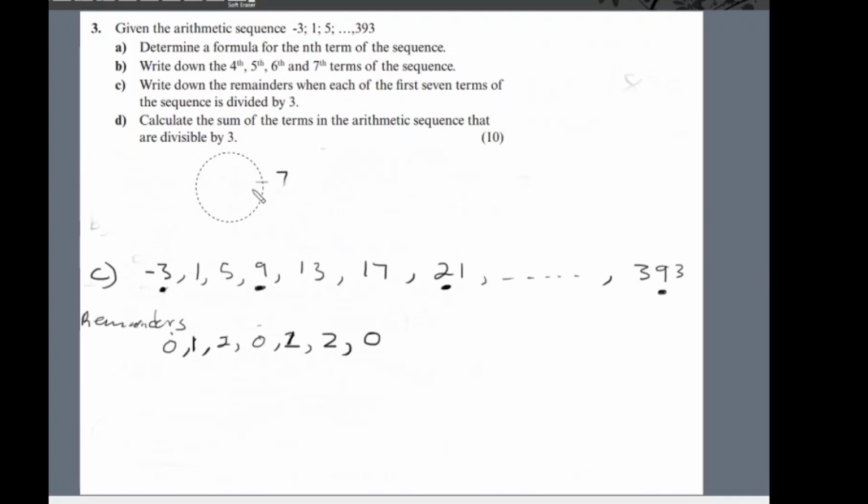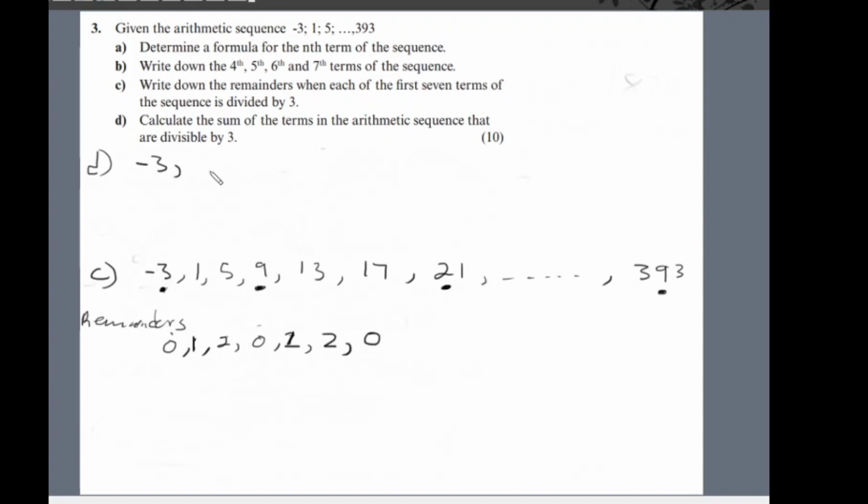Okay, so from the original sequence, which terms are divisible by 3? I write dots below them. So term 1 is divisible by 3. So the terms that are divisible by 3 form a sequence on their own. So write that sequence.